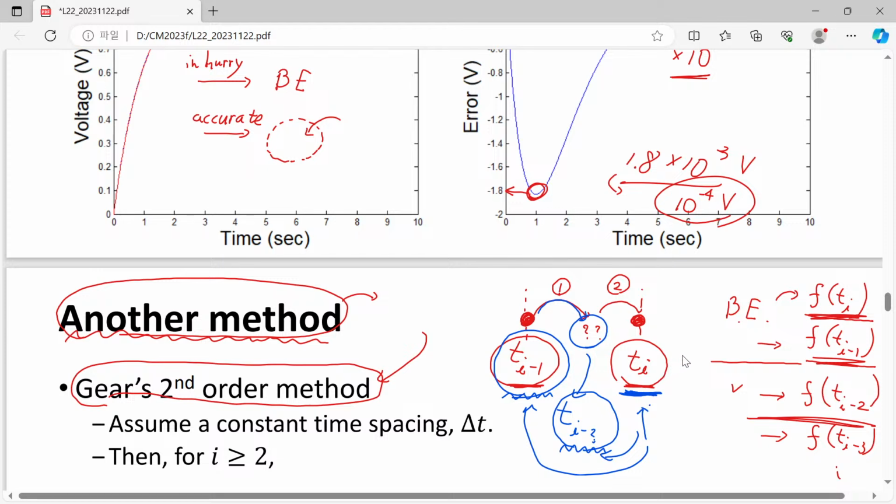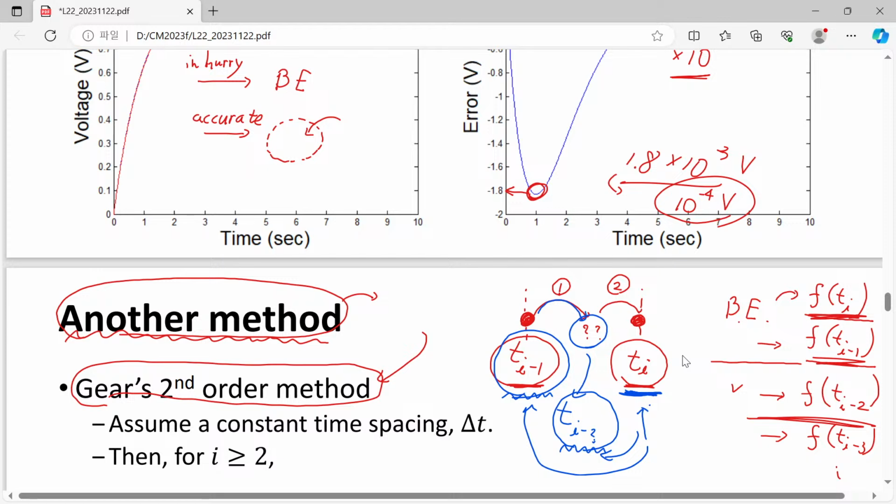At first glance, it sounds really strange and crazy. Why do we have to introduce intermediate steps and make the integration twice, something like that?